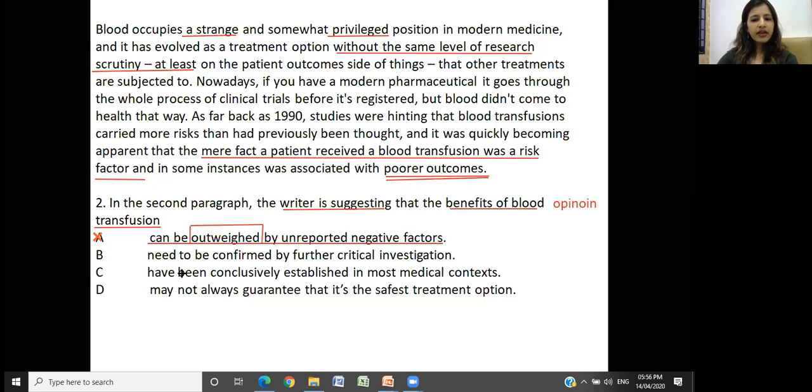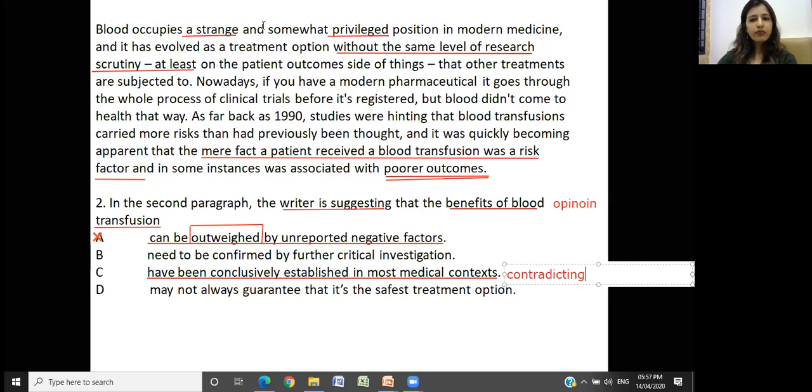Then here also, if you see, have been conclusively established in most medical contexts. So this is clearly contradicting what is given in the paragraph, because paragraph says that there hasn't been enough research, and here it says has been conclusively established. So now I have option B and option D left with me.